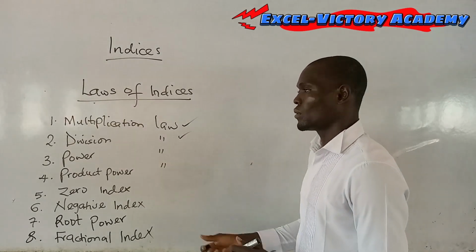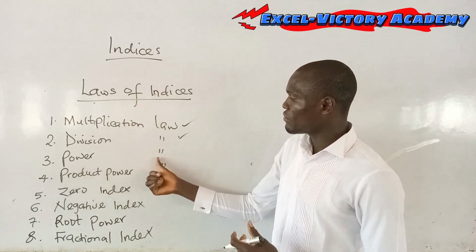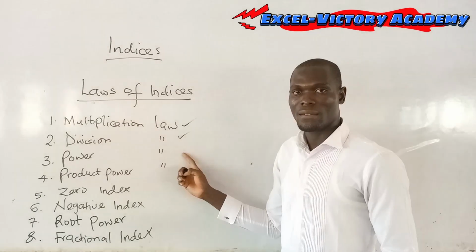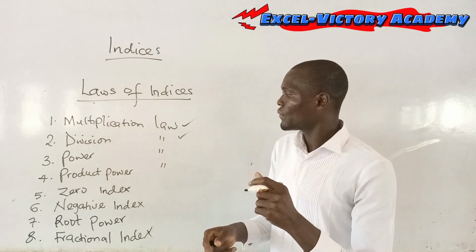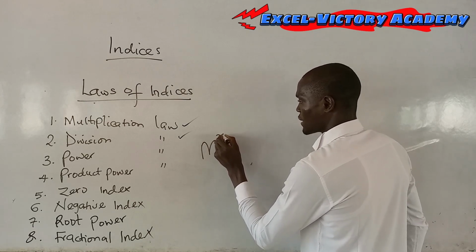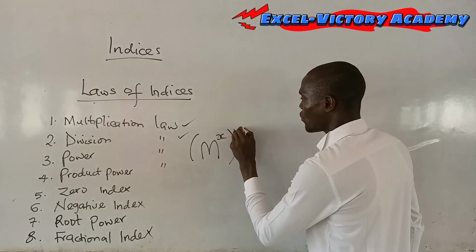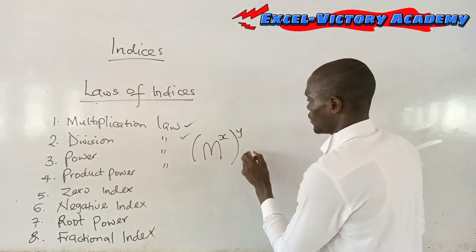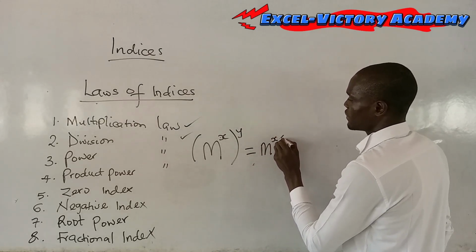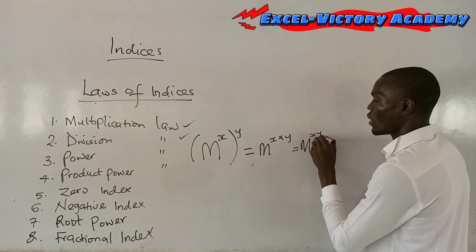Moving to power law. Power law states that if a number is already raised to a particular power and is further raised to another power, you have to multiply their powers. For instance, if this m is already raised to power of x, perhaps in a bracket, and then you have it raised to another power again, y, this will be equal to m raised to the power of x times y, which is equal to m raised to power xy.